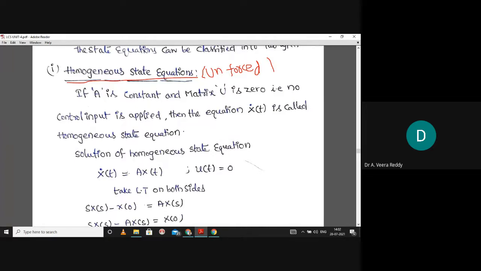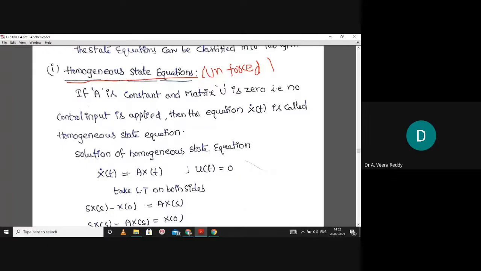In both cases, they are forces. So that force is nothing but a control input. It is designated with the symbol U, or maybe it is in the form of a matrix U. So that U is 0 here.